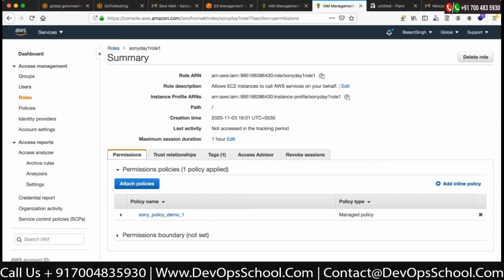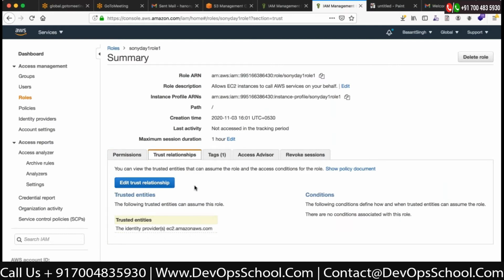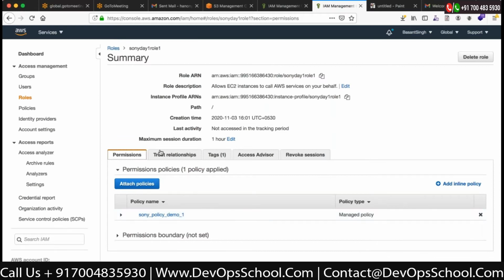Why would I take the headache of maintaining users? I'm going to create roles and give an assume policy to Kanan's account. So you have a service, and your service wants to communicate with my service. Take my role, assume it. I'll just add it to my trust relationship policy, and you will be able to assume that. And whatever actions I have attached in a policy with that particular role, you will be able to perform.